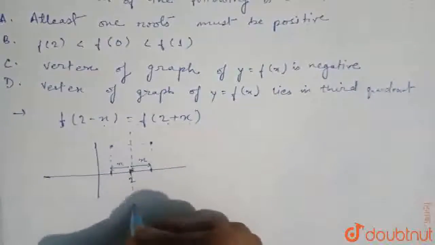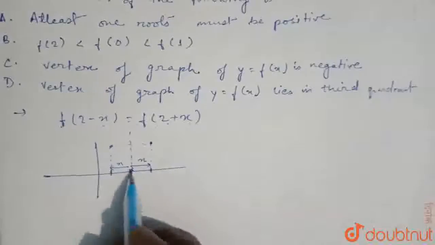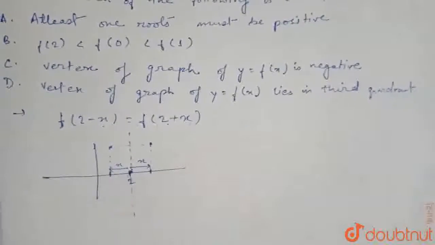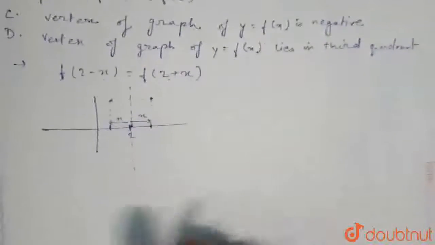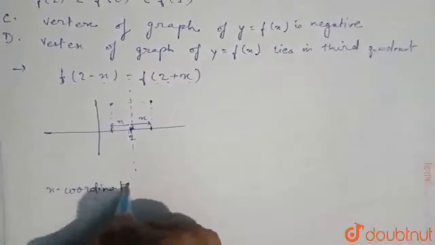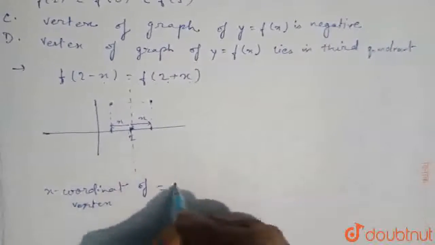The graph will be symmetric about x = 2, and we know that for a quadratic equation the graph is a parabola, and if it is symmetric about x = 2, the vertex will lie at x = 2. So we can write the x coordinate of the vertex will be equal to 2.